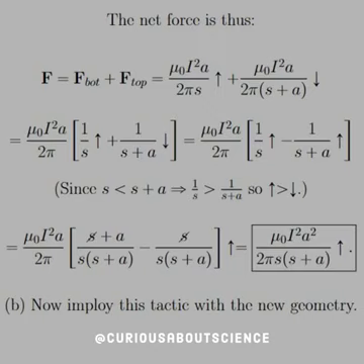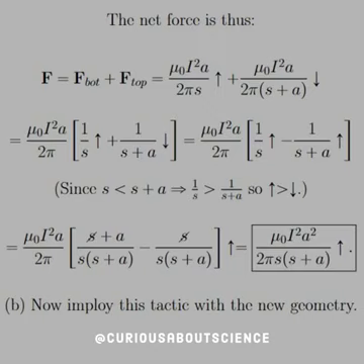So we're going to have to figure out a way to simplify in a manner that encapsulates the proper direction of this, or the proposed direction. We don't know the field strength, things of that nature, but based on this geometry, we know that we can factor out a mu naught I squared times A over 2 pi, leaving us with 1 over S in the up direction plus 1 over S plus A in the down direction. If you see my little note below, we know that S is less than S plus A, and both of these things are real values that are positive since they're distances.